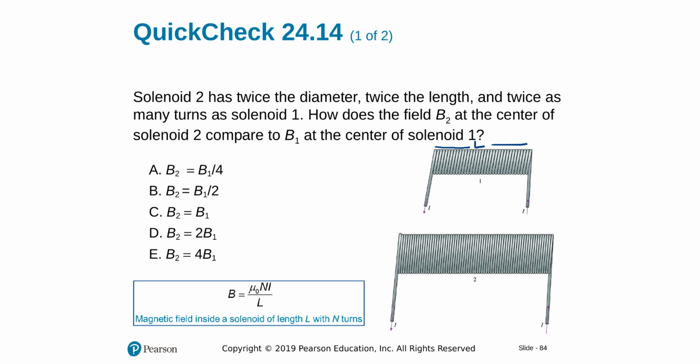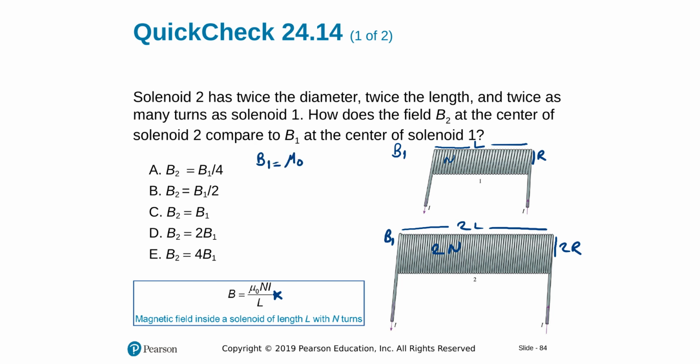One is L length, the other is 2L length. One has radius R, the other has radius 2R. Radius doesn't matter, as you can see in this equation here. One has n turns, the other has 2n turns. Magnetic fields are B1 and B2. How do they compare?